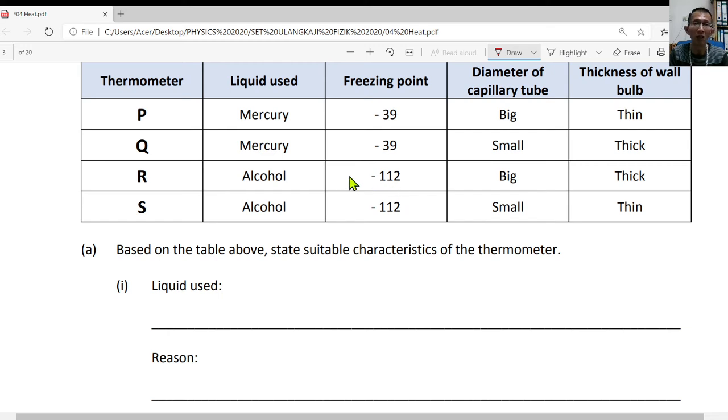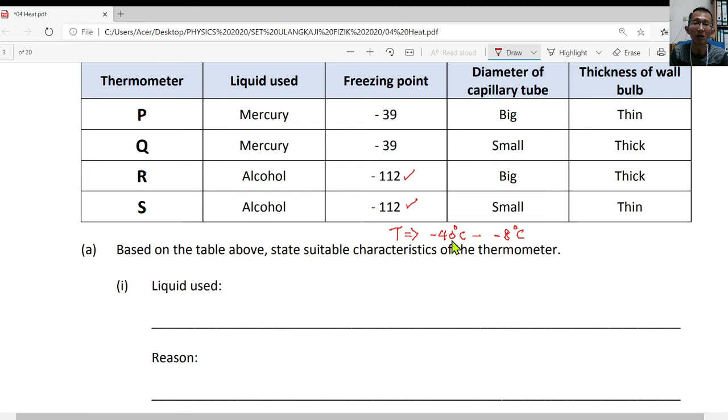Definitely I'm going to use the freezing point of negative 112. Why? Because the temperature at the North Pole is negative 40 degrees Celsius until negative 8 degrees Celsius.